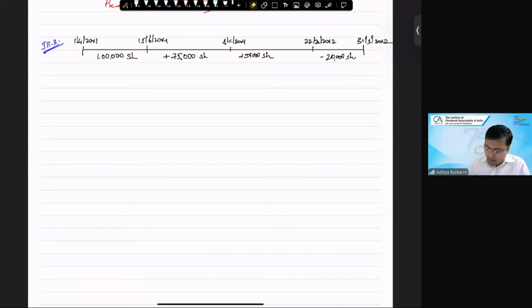So I have this 1 lakh shares for the entire tenure. So weighted average number of equity shares is 1 lakh into 12 by 12 or 365 by 365. These are in days. Better to write it in days.